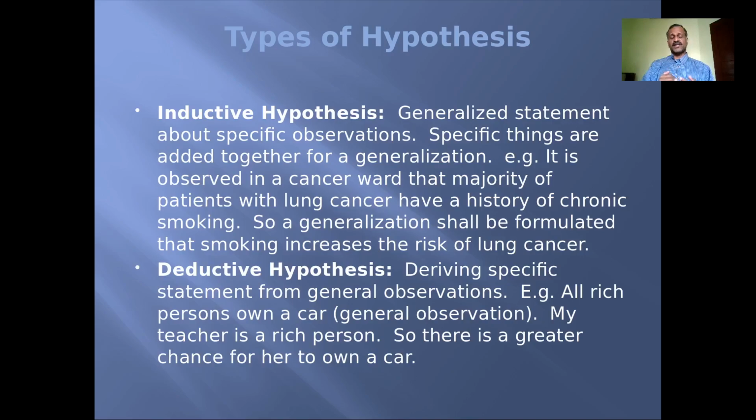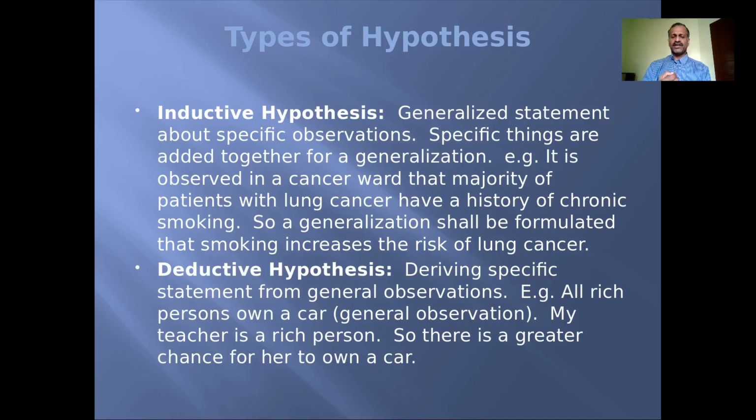And the other way around, a deductive hypothesis is deriving a specific statement from general observations. For example, all rich persons own a car. That is a general observation. We are seeing that all rich persons have a car.